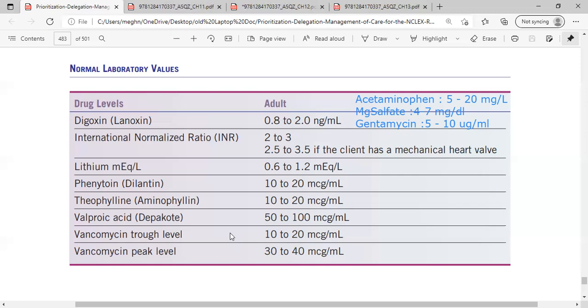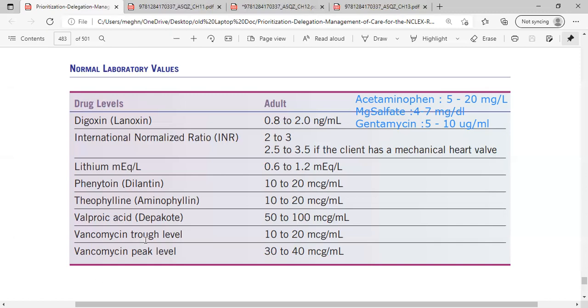So if we prescribe valproic acid, it is important to monitor the drug level or blood level because it has a hepatotoxic effect. So if a patient has hepatotoxic effects, we watch for abdominal cramping, and it may cause suicidal thoughts.